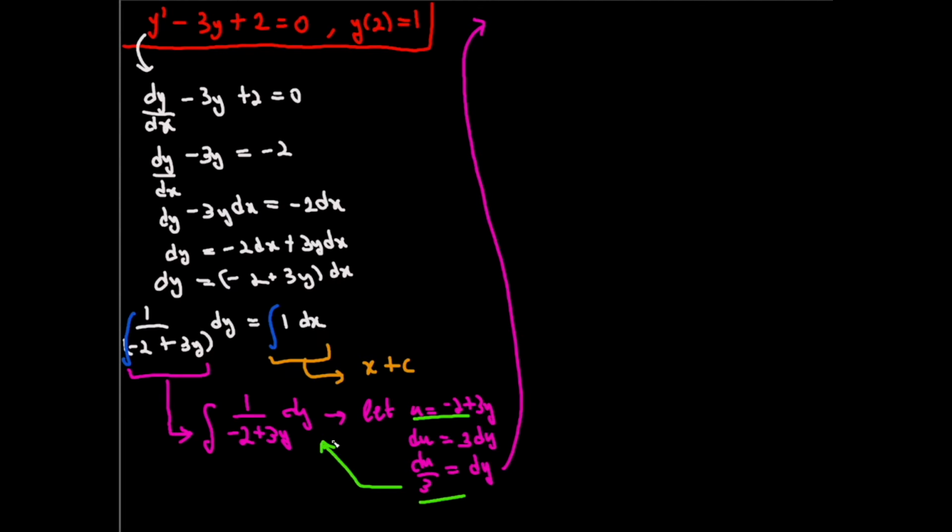And that gives us the integral of 1 over, and then plugging this back in, 1 over u times dy is now du over 3, so du over 3.